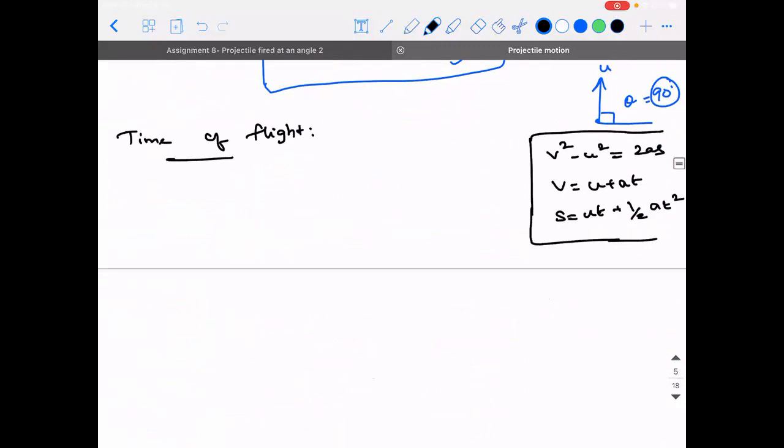Now, since our job is to calculate the time of flight, which equation among the three is advisable for us to apply?